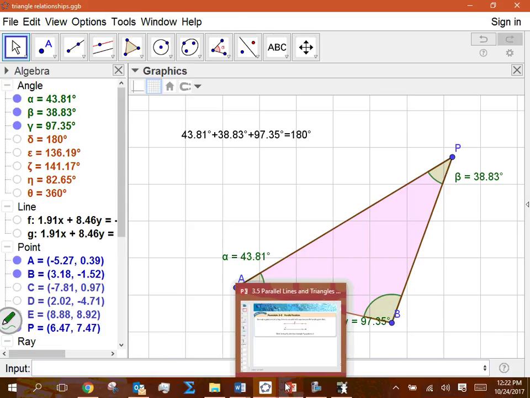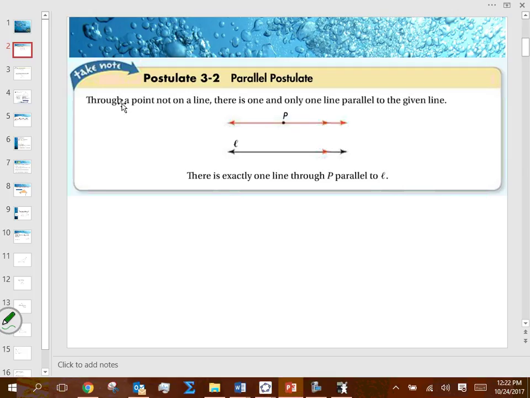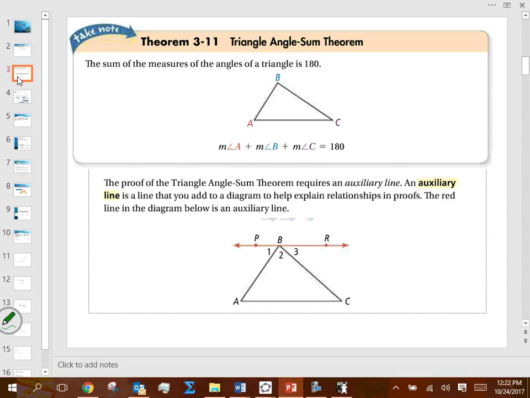Okay? Now I want to go through a proof for this. But the first step of the proof involves knowing this, and knowing that that red line there exists to get us through the proof. We're talking about what we call the triangle angle sum theorem.